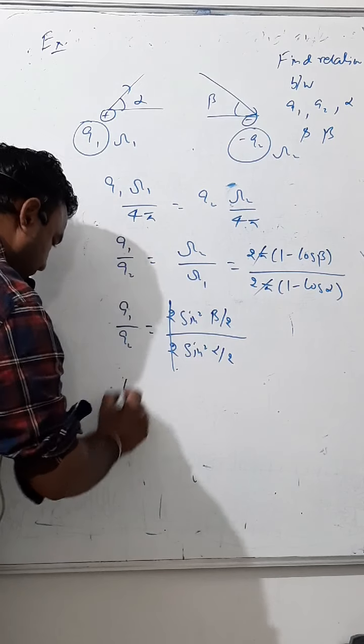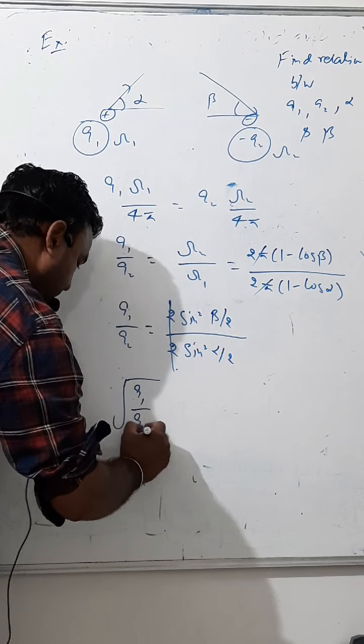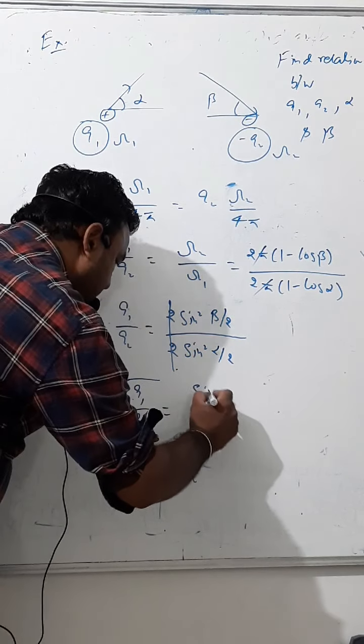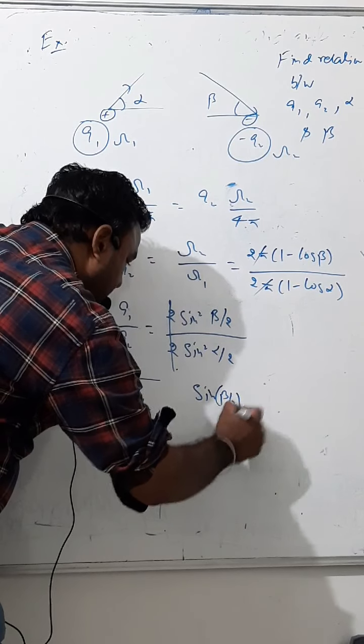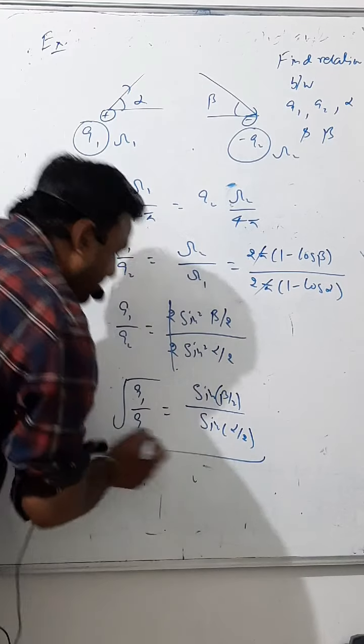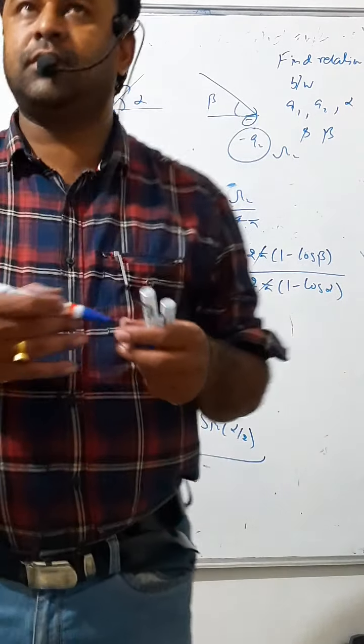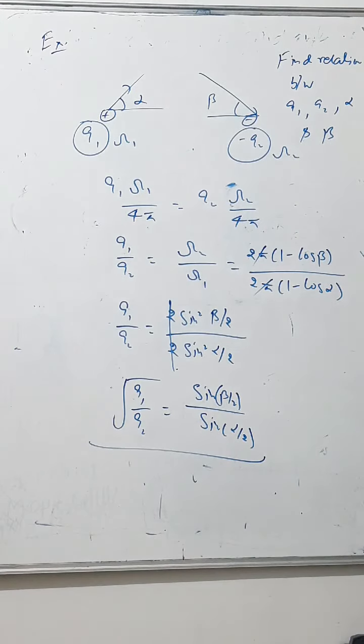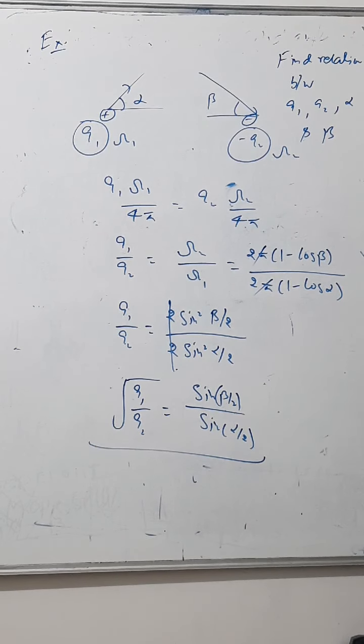Now taking the root of it, Q1 by Q2 equals sine of beta by 2 upon sine of alpha by 2. This is a remarkable question, which has the direct application of solid angle.